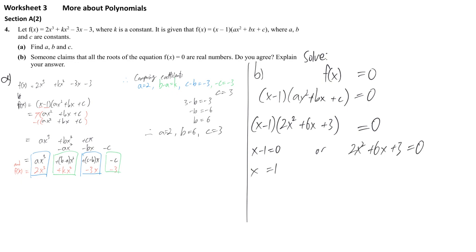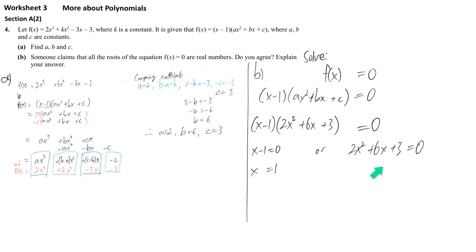x is equal to 1. And this one, from a cubic polynomial, is downgraded. We just focus on the quadratic, so we use the quadratic method that we learned. You may use the calculator formula, or you may solve it by factorization if you can, or if you can't, you may use the quadratic formula. But if you look at the question, they ask whether they are all real numbers.